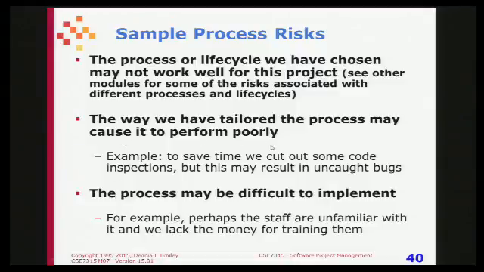The way you tailor the process may cause it to perform poorly. We'll talk about tailoring a little bit later, but the idea of tailoring is making the process fit the details of your situation. Well, a very common mistake is to tailor out all the quality activities because you think they take too much time, and then later on you run into all sorts of quality problems.